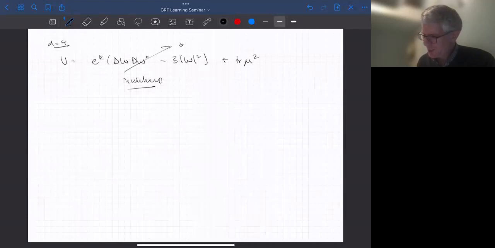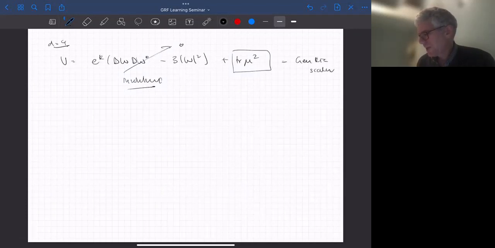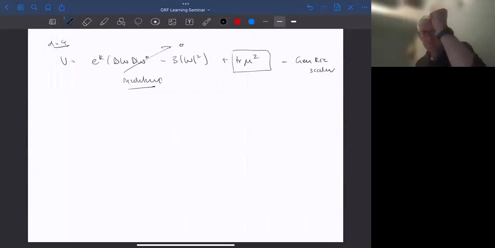So the norm of the moment map should be none other than the potential, but this should be the generalized Ricci scalar, because it's just the restriction of the theory to the internal part of the space.